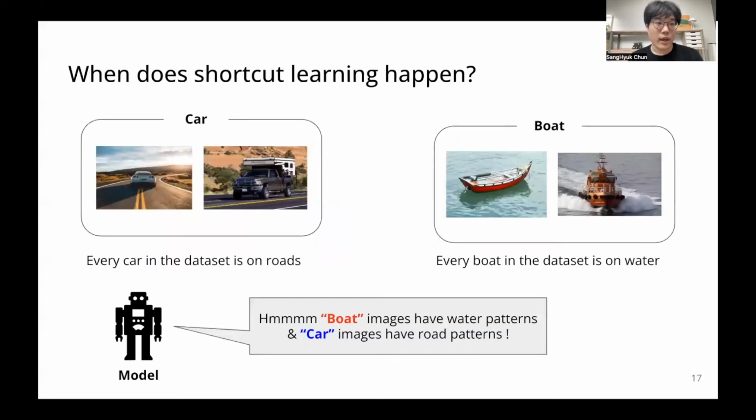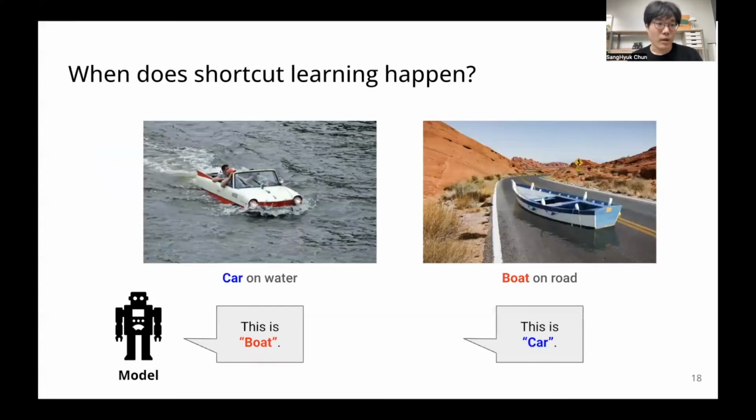When does shortcut learning happen? Assume a toy scenario of classifying car or boat. Cars are on roads, boats are on water. So a model can make perfect predictions without looking at the car or boat, but focusing on the background. When a car is on water and a boat is on road, the model will make a wrong prediction because it attends to backgrounds.